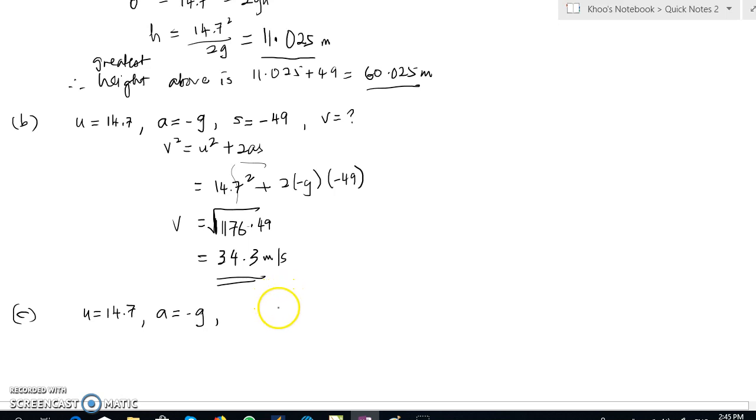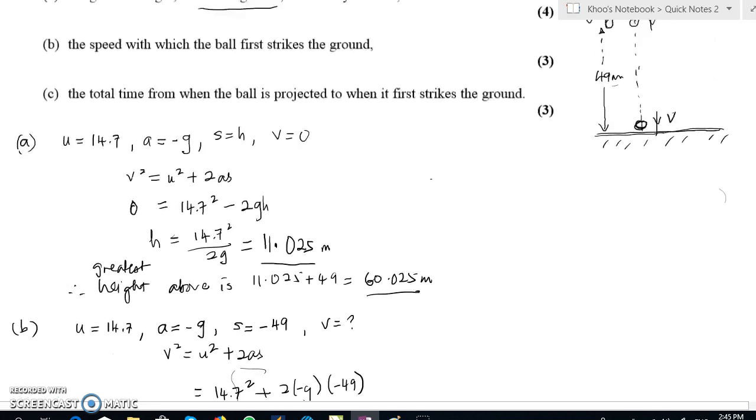Now we have a lot of choices. We even have the final speed. We could make use of this, or you can use the distance if you want. And we have the time that we are looking for. Now notice this 34.3 is actually heading downwards.